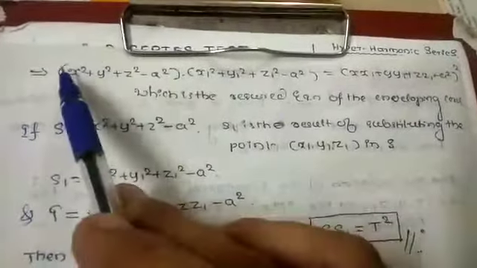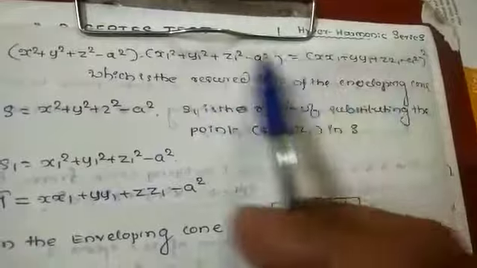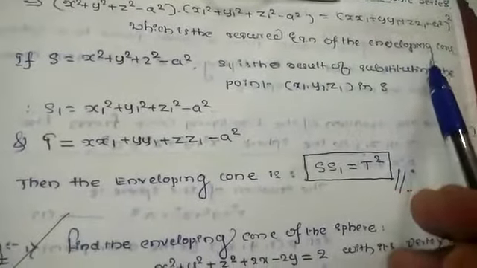After removing 4 on either side, we get the required equation of the enveloping cone.